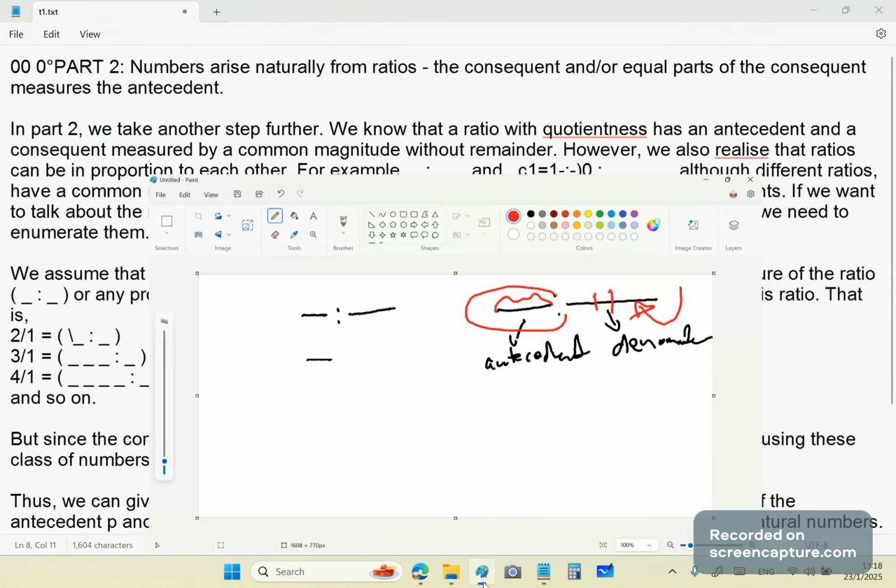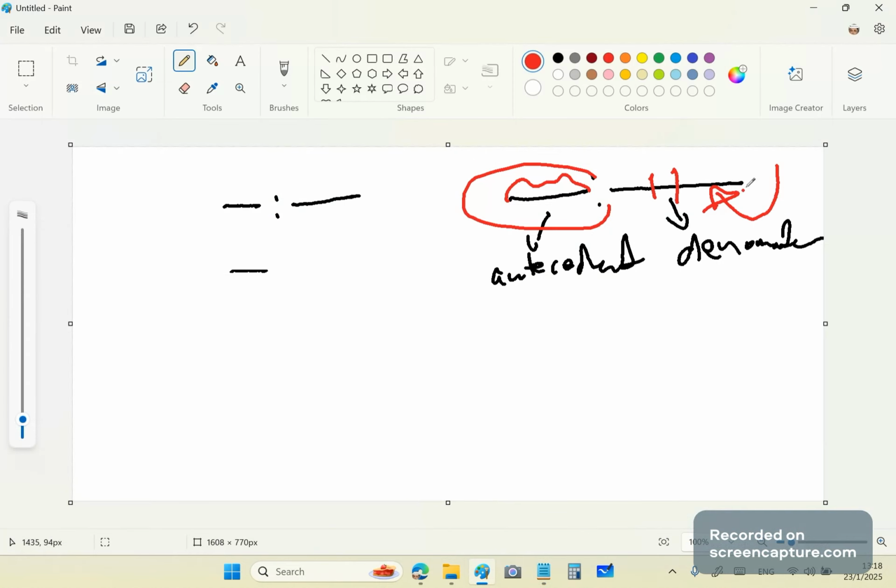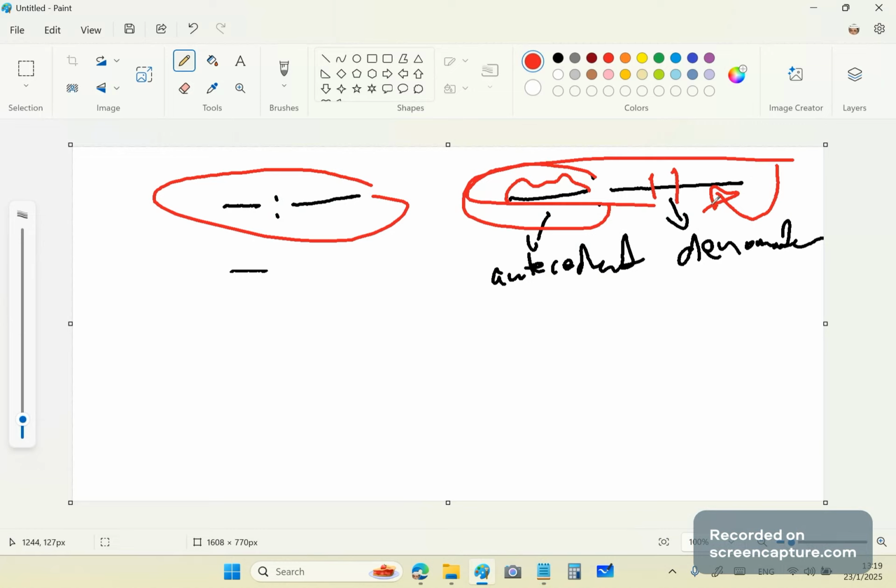But you have to be careful because some ratios, although in proportion, like this ratio here and this ratio here, because this here, its measure is 1/2, and the measure of this one here is 2/4. But in algebra, 1/2 is equal to 2/4, because we don't care about the size of the antecedent or measuring unit anymore.